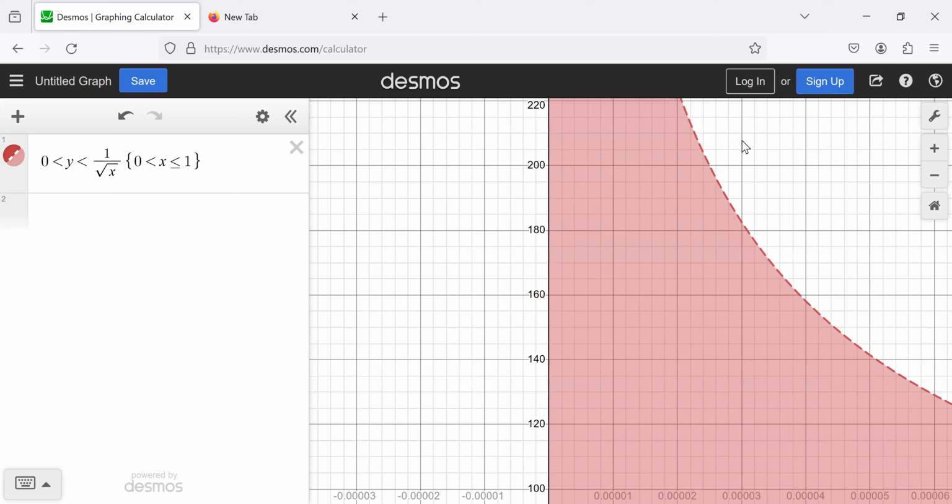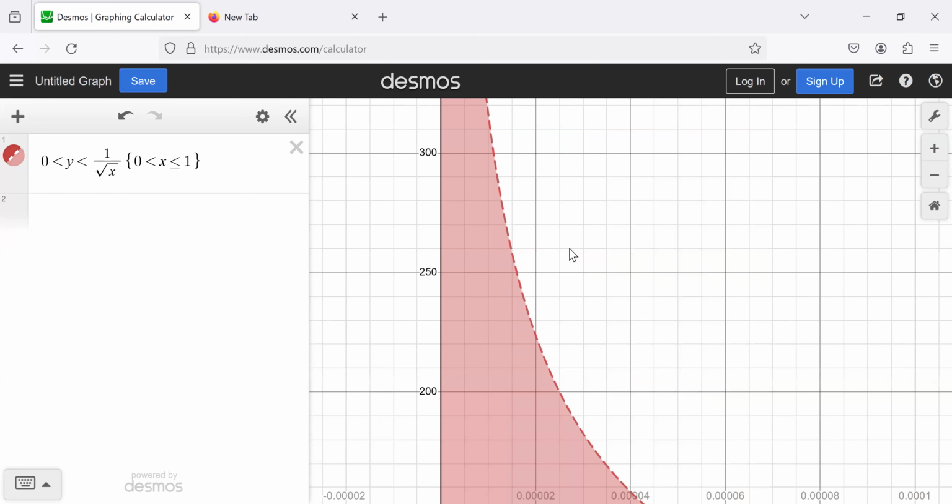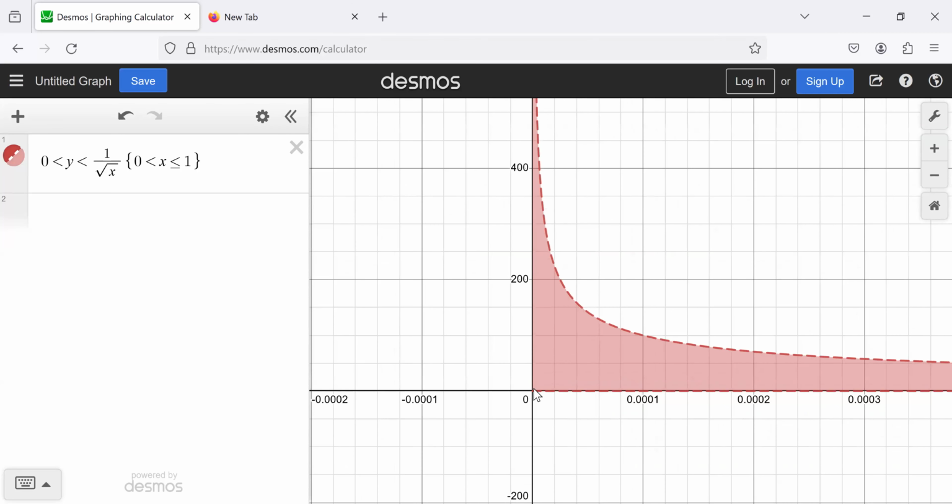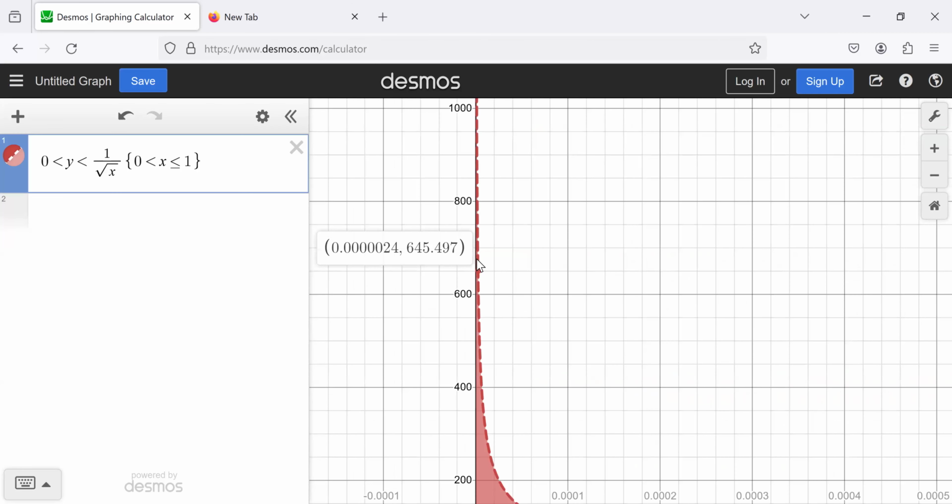It's just, again, that this area, I intentionally magnified it to look bigger than it is. We've got x values here of like 0.000002. So by becoming extremely thin, this area manages to be finite, even though it has no upper bound.